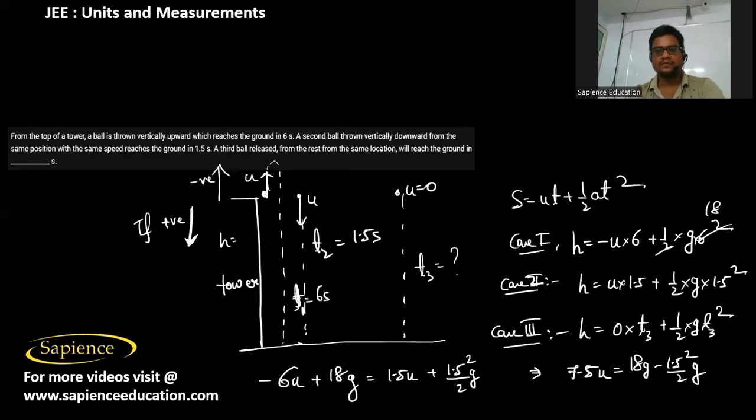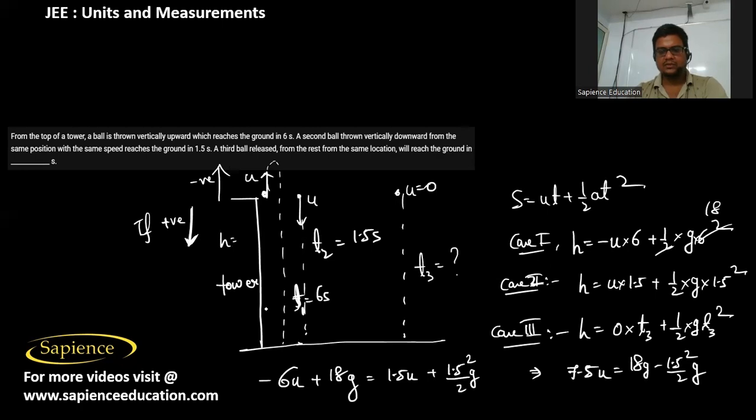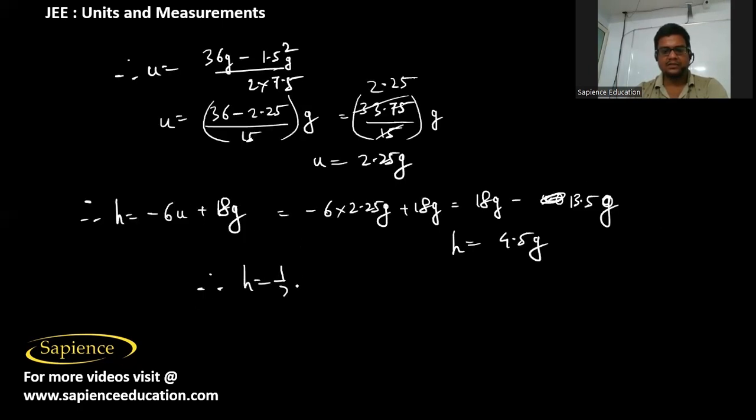So therefore, in the third case, the time it will take to reach the ground: H is equal to half g into T3 square. So 4.5g is equal to half g into T3 square.